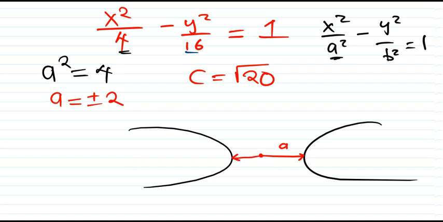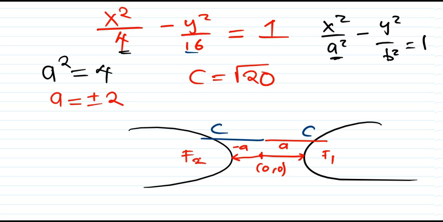On the other side it will be negative a, of course, if the center is the origin. Of course, the longer distance is going to the foci, which is the distance c.